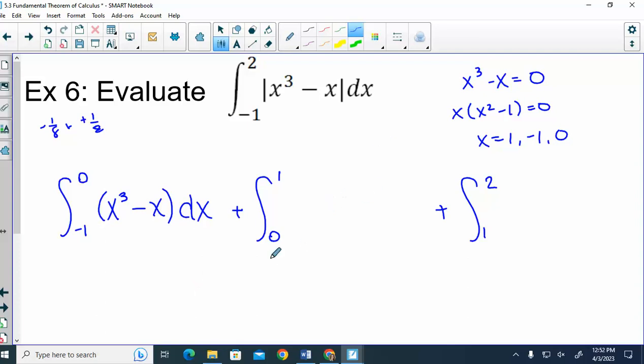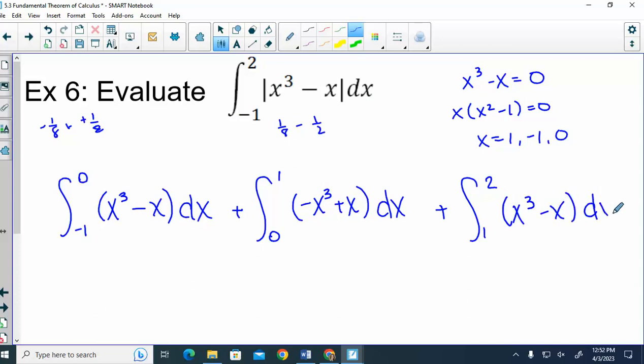If you put in something between 0 and 1, like a positive 1/2, then you get 1/8 minus 1/2. Is that positive or negative? Negative, so the absolute value does the opposite. So it's -x cubed plus x, I'll just distribute the negative. If we put in something from 1 to 2, even a 2, we get 8 minus 2, which is positive. So the absolute value does not change it.